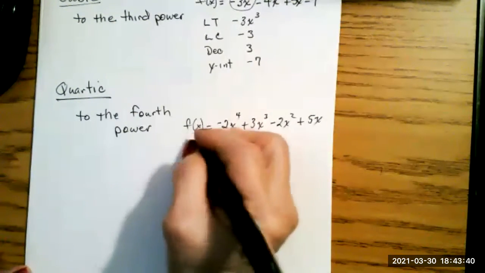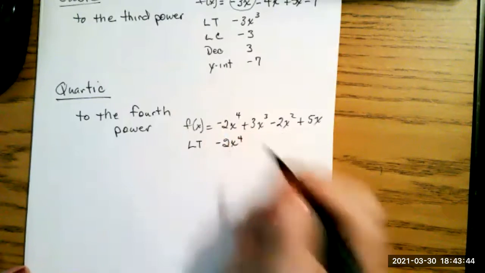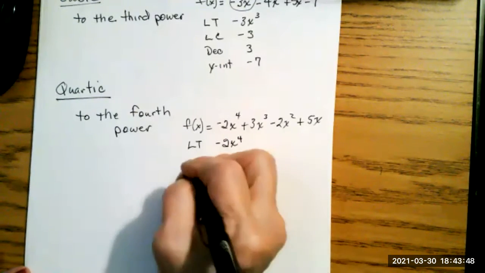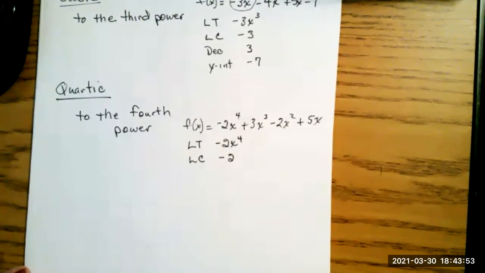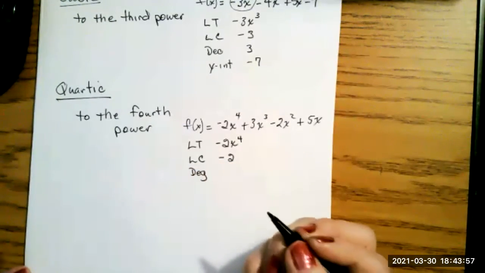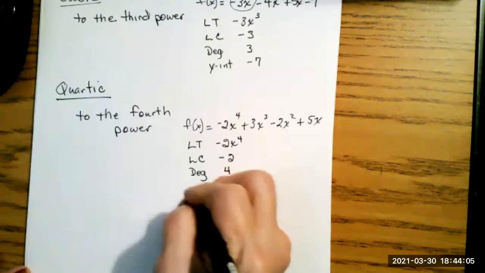Okay, so let's do these things. Leading term would be negative 2x to the 4th. Notice it's got the x and the exponent and the coefficient all in it. Leading coefficient's negative 2. Degree is what? 4. To the fourth.